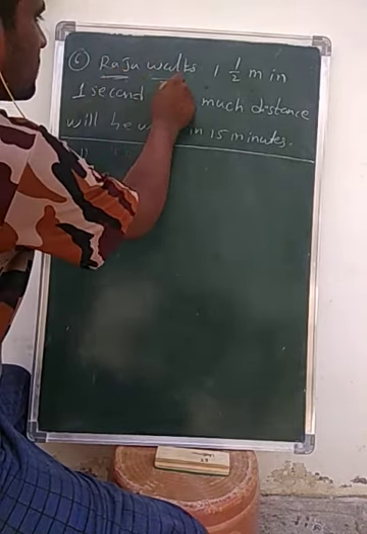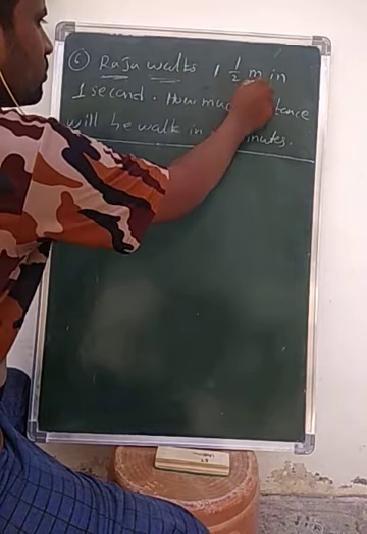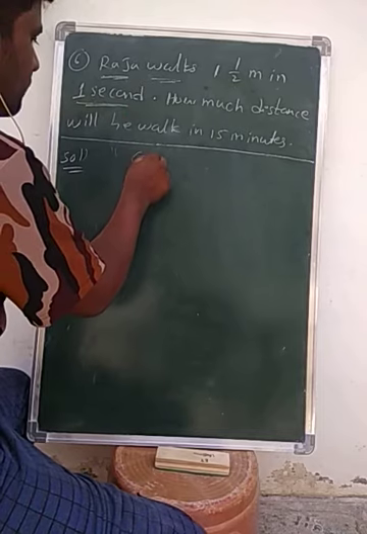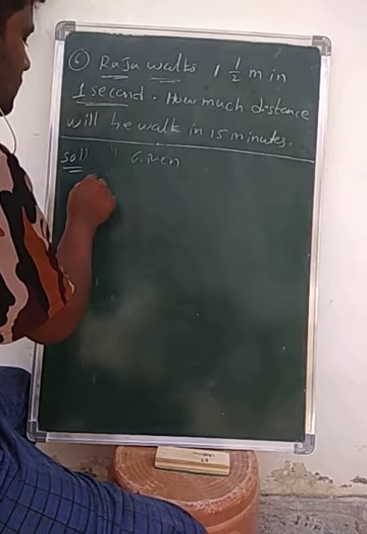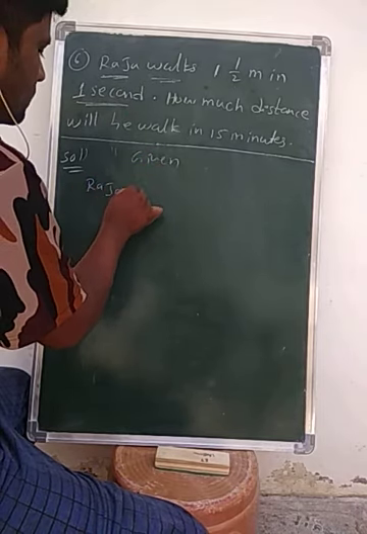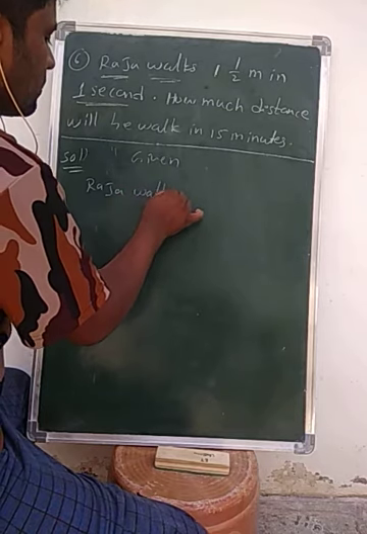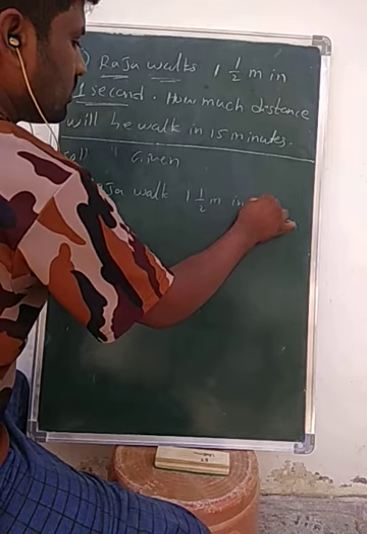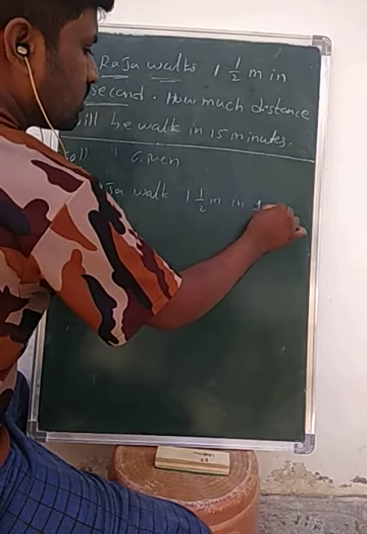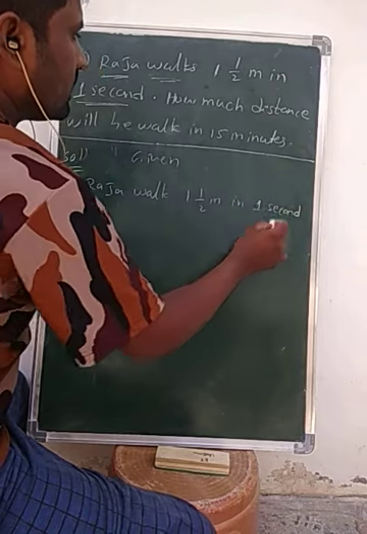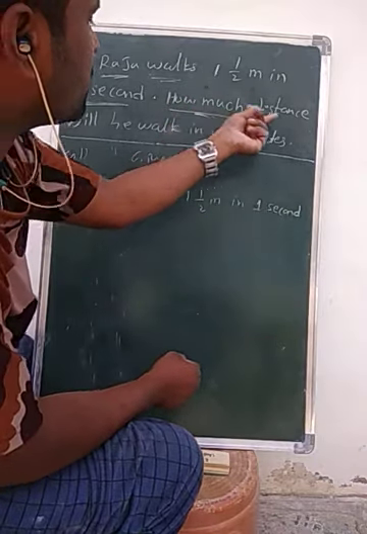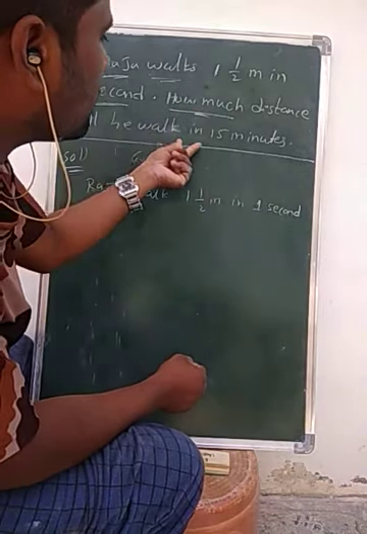Raja walks 1 by 2 meters in 1 second. The given data is Raja walks 1 by 2 meters in just 1 second. Now how much distance will he walk in 15 minutes?